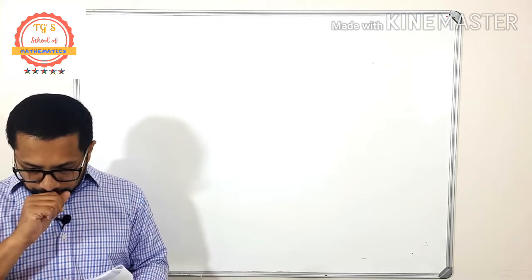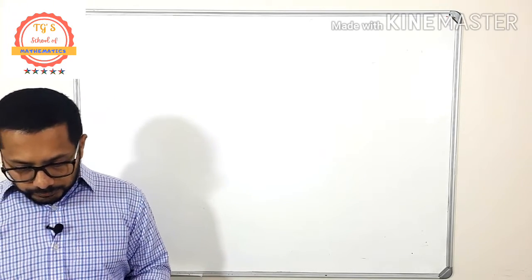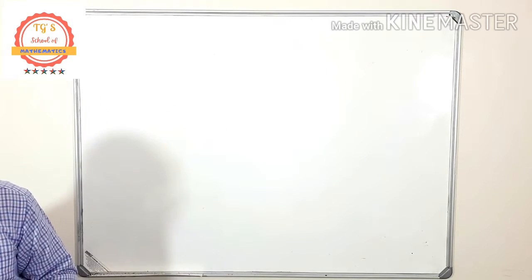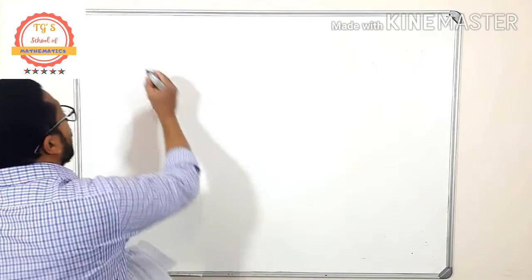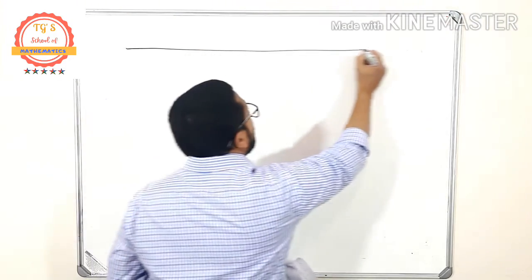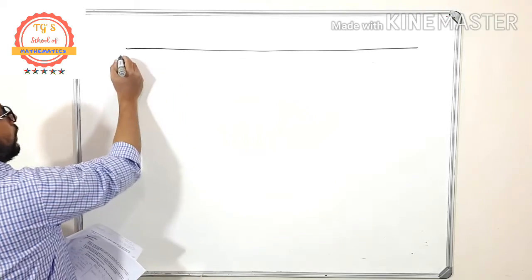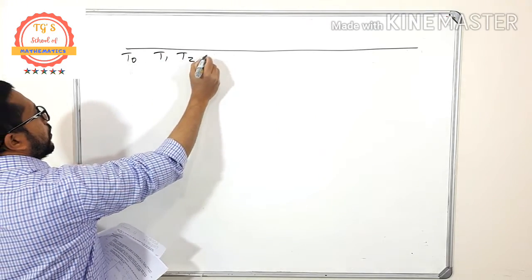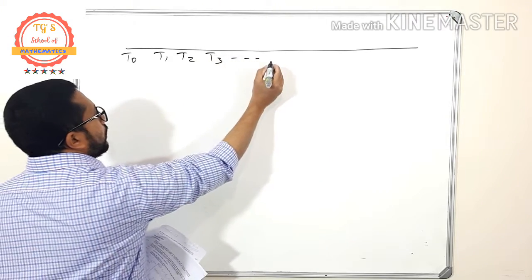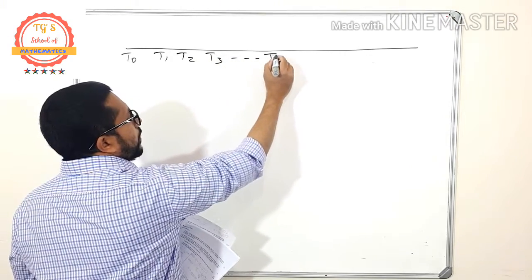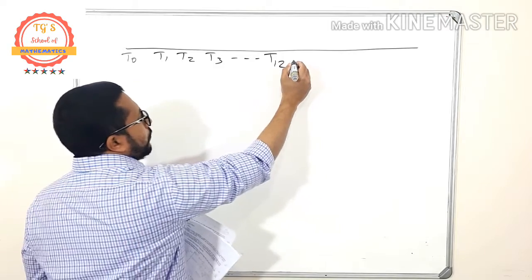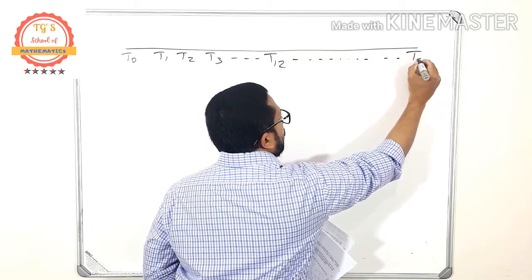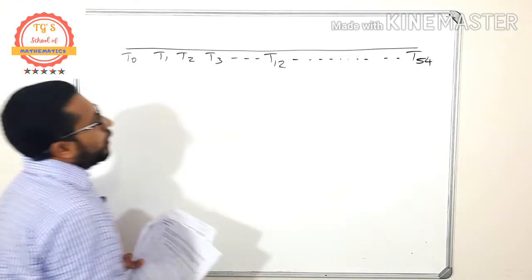So what was that question? It was for 54 months. So there is a loan of 235,000. So if I draw a number line starting from here, T0, T1, T2, T3, etc. 12 months means 1 year. T12, then again it's continuing up to T54. Okay.